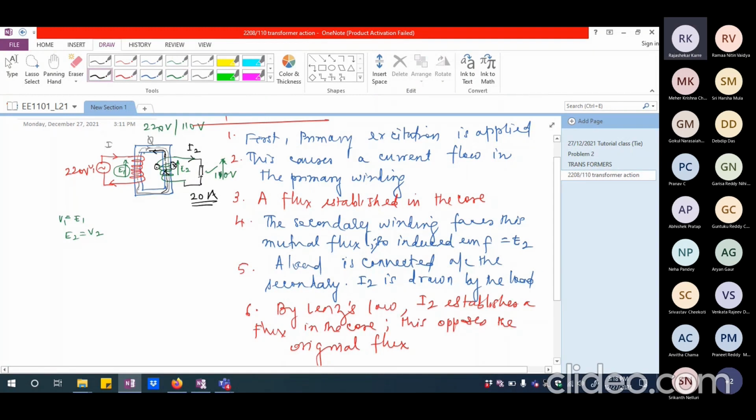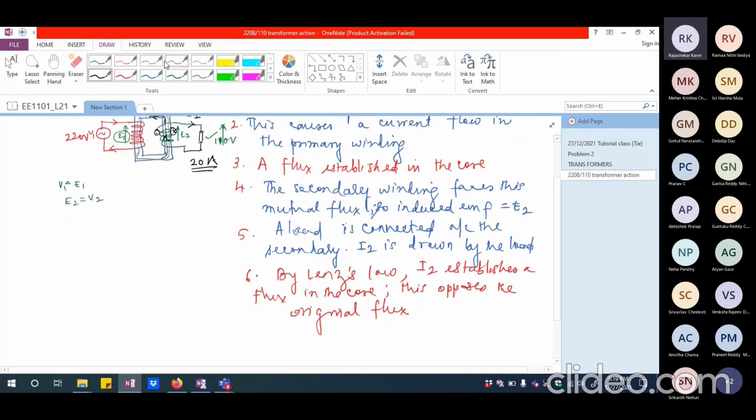So this is definitely going to create a flux which is opposing the original flux. So in all probability it can kill it completely. So the moment the mutual flux decreases even slightly, you are going to have E1 smaller than V1.